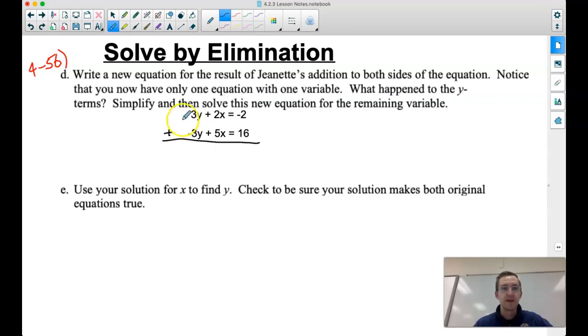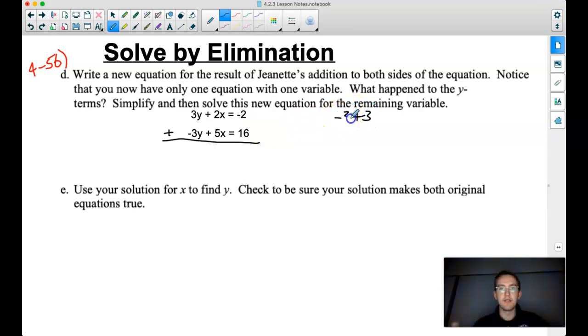So for example, we've got 3 and negative 3 right here, because if we add 3 and negative 3 together, that gets 0. So if we get 0 times a variable, we're always going to get 0. So we're going to get one term to cancel for sure when we add these two together.